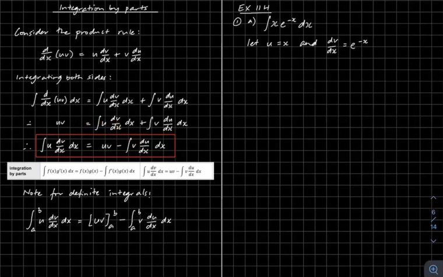So as a result of that, the derivative of u with respect to x would just be 1, and v is the integral of dv dx. So what's the integral of e to the negative x? Well, it's negative e to the negative x.